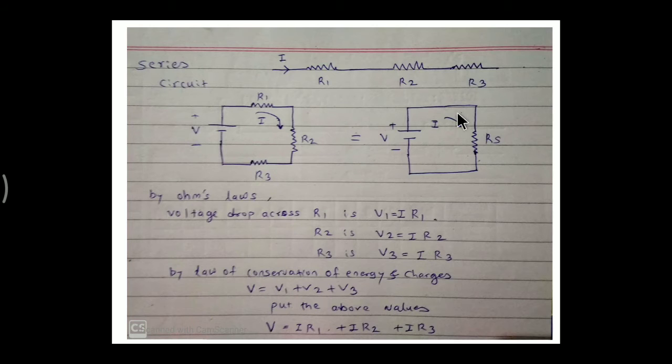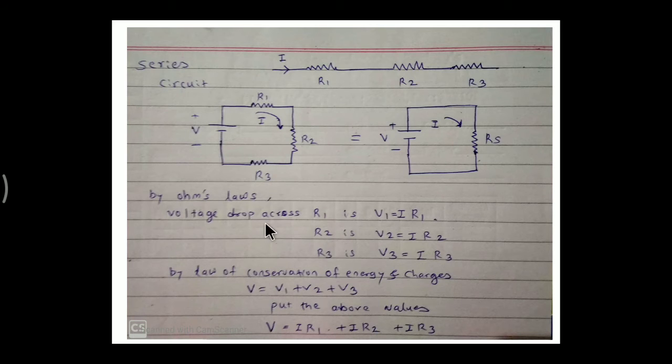The circuit on the right hand side shows the effective resistance, that is Rs. This is a similar circuit to the circuit on the left. See here, Ohm's law is applicable. We know what Ohm's law is: V is equal to IR. So here the voltage drop across each resistance R1, R2 and R3 is shown.